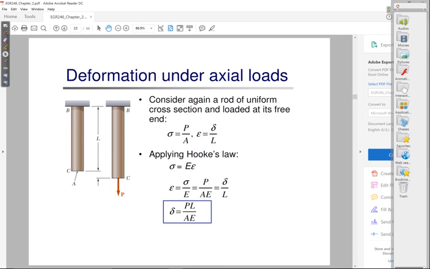Axial loading is just tension compression. The reason it's called axial is that if you have a long part, then the long axis runs along the center of that part, and if you load along that axis, that's an axial load.